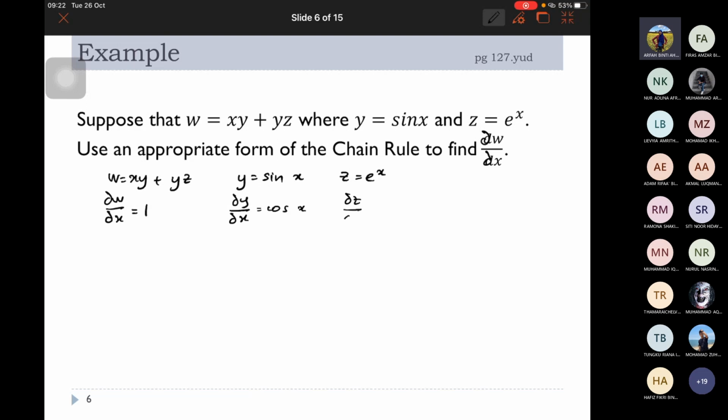And delta Z over delta X, you get exponential of X. Okay.